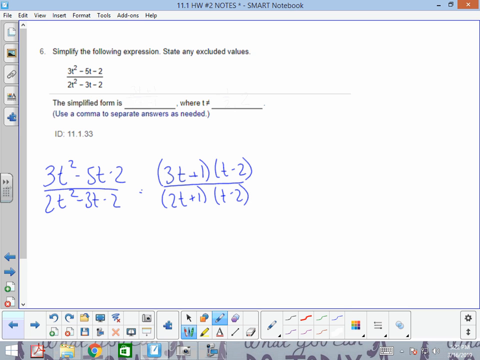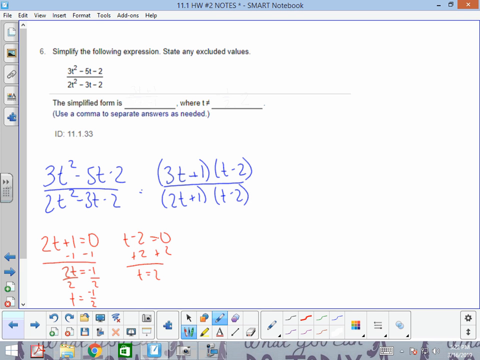Now, again, at this point, if you want to go ahead and do the exclusions, you can. The denominator factors are 2t plus 1 and t minus 2. Set those equal to 0 and solve each for t. So I have -1/2 as one exclusion and +2 as the other exclusion.